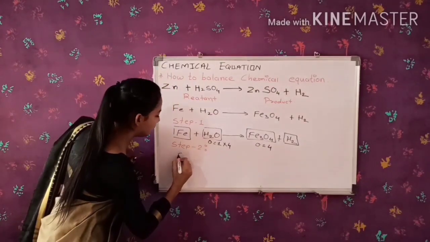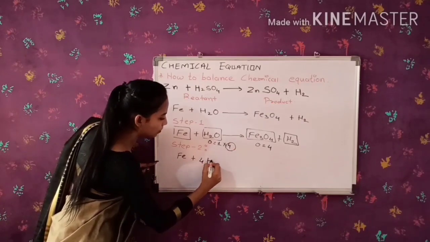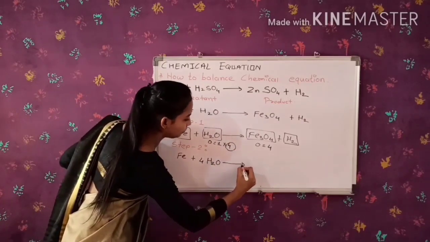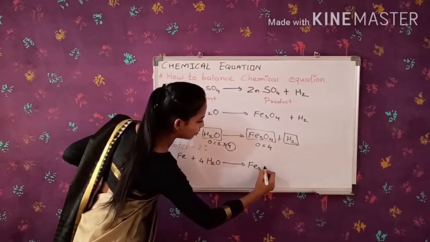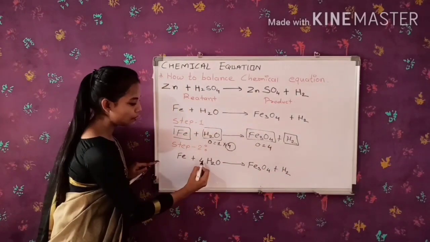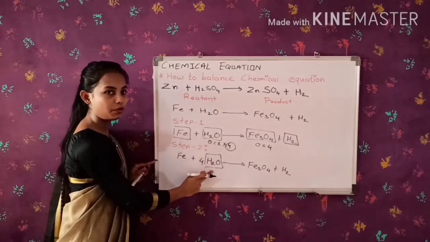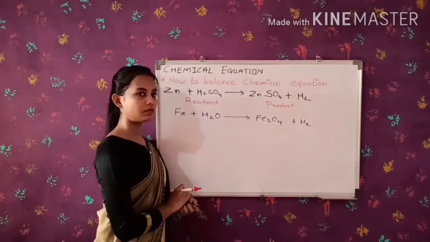So now we write the equation, multiplying by 4. We have to write this 4 outside the box. Don't forget that. Okay.